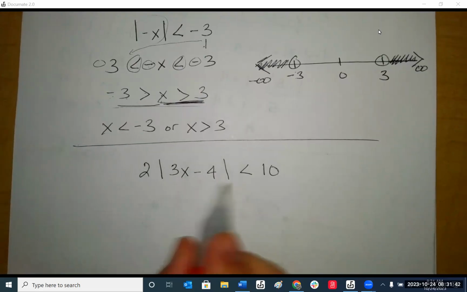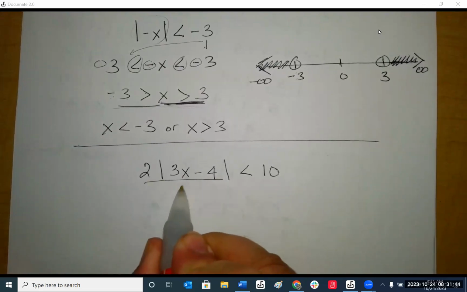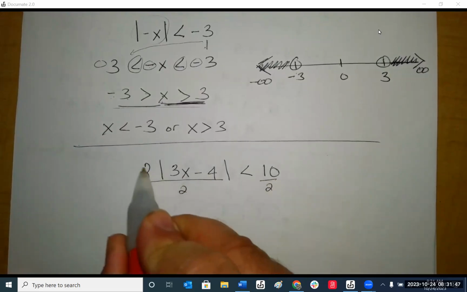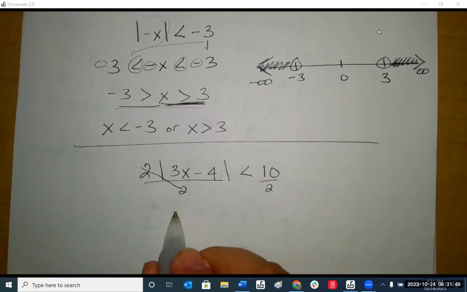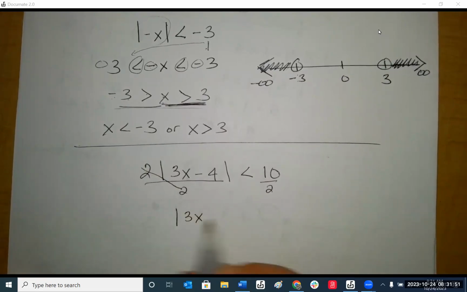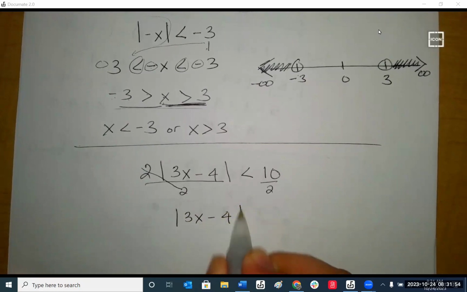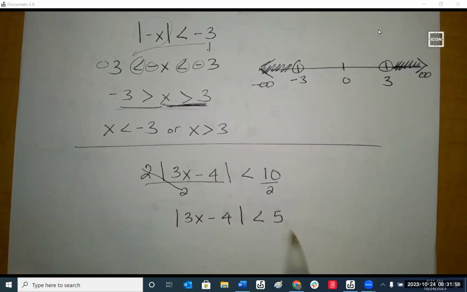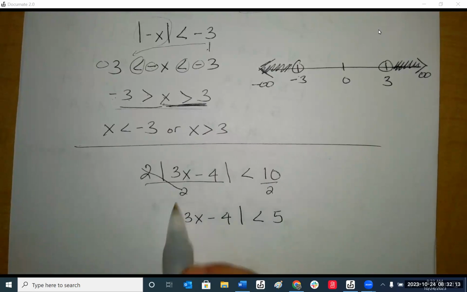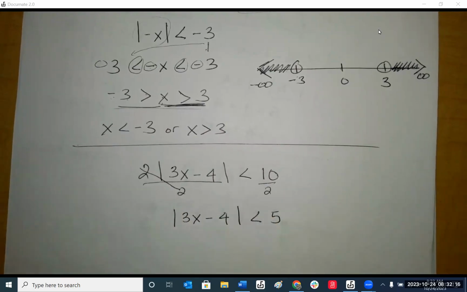Because we have to isolate the absolute value. So we have to divide both sides by 2. Why not? It's not negative. See, with inequalities, we can have negatives because it's not just one number. Now it's a whole span of numbers. So the absolute value is okay. This is positive, so everything's still okay.